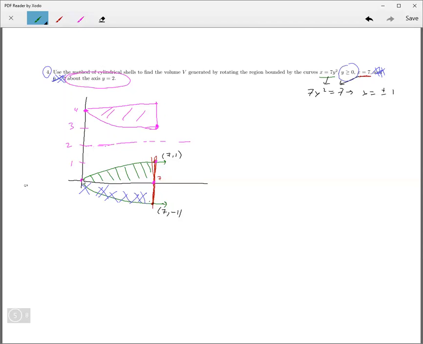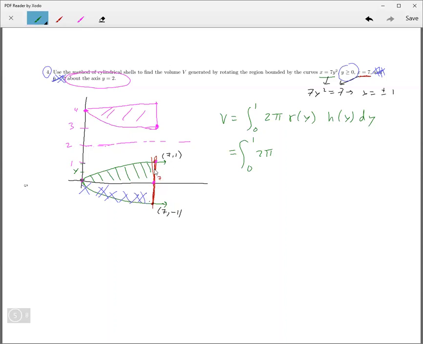But in reality, we're revolving this around. So what you want to do is integrate from 0 to 1. Let that be y right there. Here we need the r of y and we need h of y. Okay, so let's figure out what those are. So first of all, r of y.